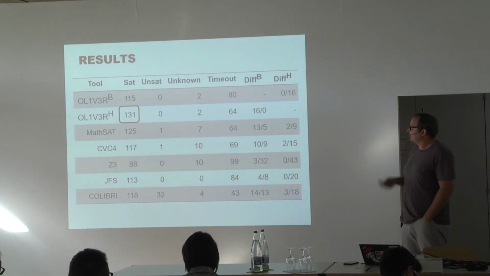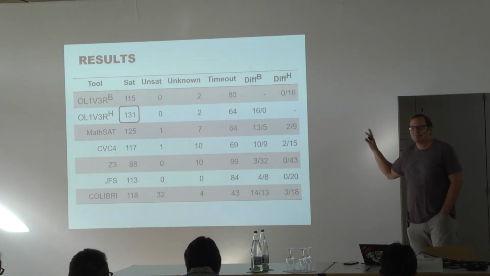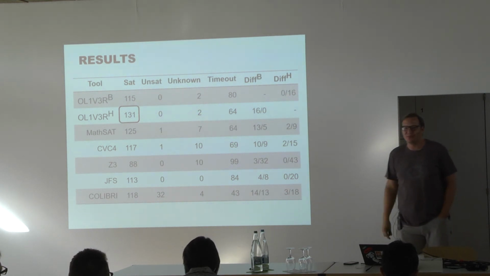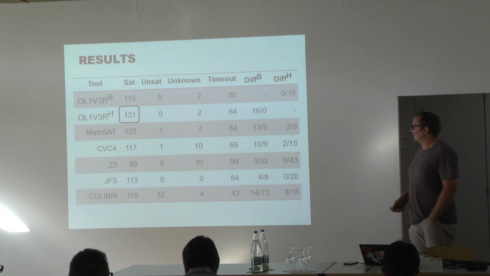MathSAT is pretty close and so on, but we are still a little bit better. Note that this is a couple of months old. My student has a bunch of ideas how to improve this. We will see how this goes. But these results were really encouraging to see. Okay, we can skip this.